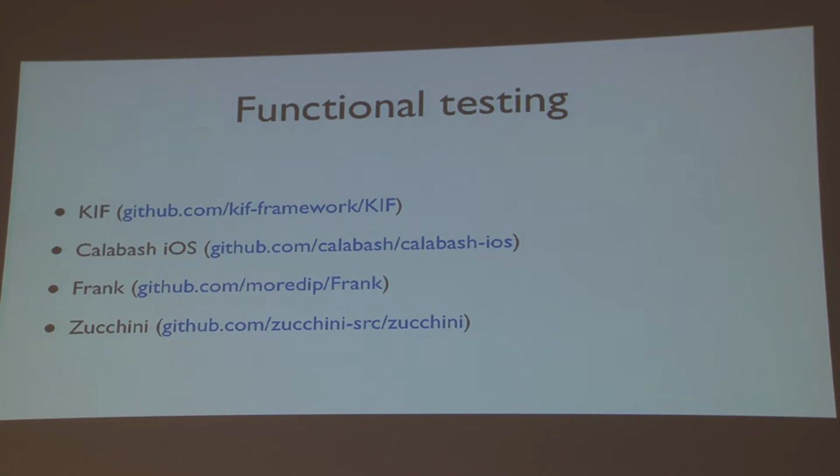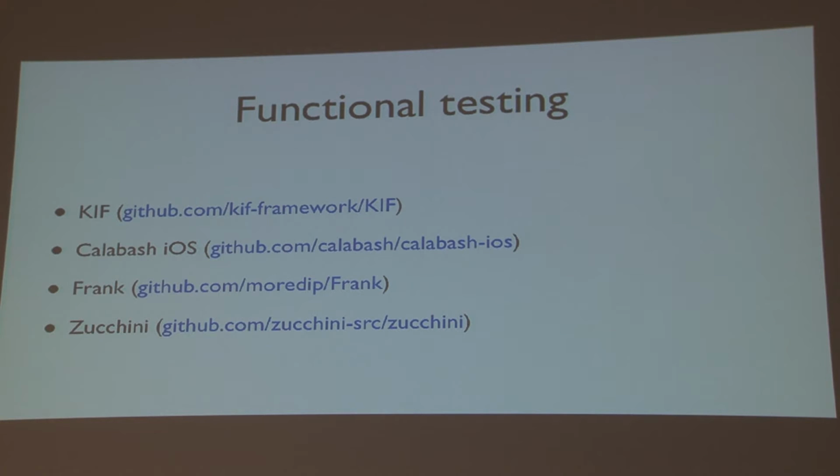There's a bunch of ways to perform end-to-end acceptance testing. There is KIF, which stands for Keep It Functional. It imitates user input by using accessibility attributes such as the UIAccessibility protocol. Then there is Calabash iOS, and there is Frank, another two iOS testing frameworks.